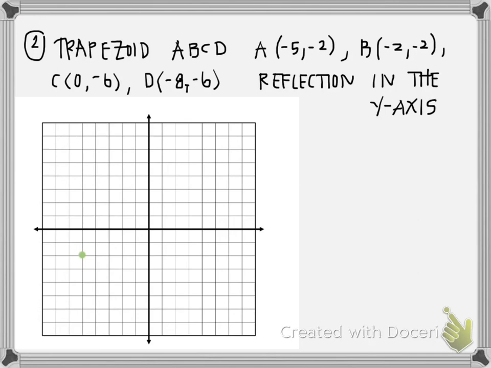B would be negative 2, negative 2. C at 0, negative 6. 1, 2, 3, 4, 5, 6. And D at negative 8, negative 6. So I would have A, B, C, and D.